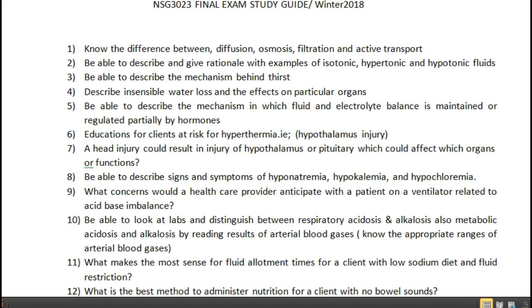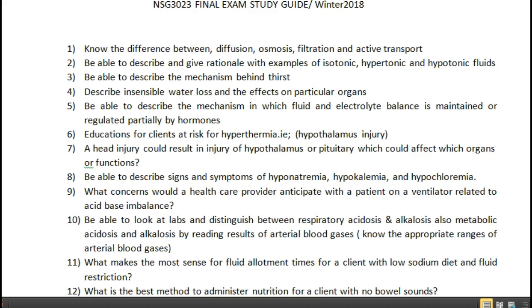These 4 organs consist of the skin, which everybody knows is a big organ, the lungs, the GI tract, and the kidneys.